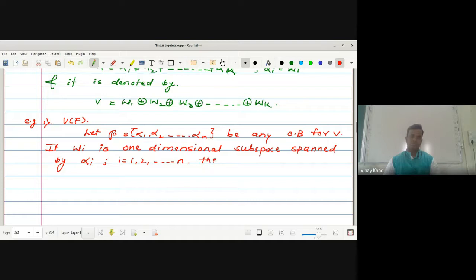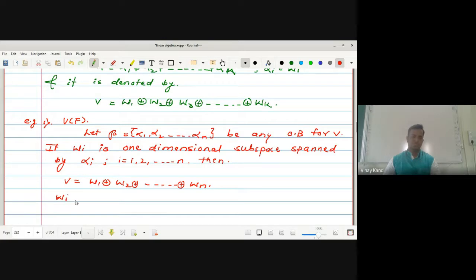Then we can write V equals W1 direct sum W2 direct sum up to Wn. Is it correct? What does one dimensional subspace mean? Wi is spanned by alpha i.